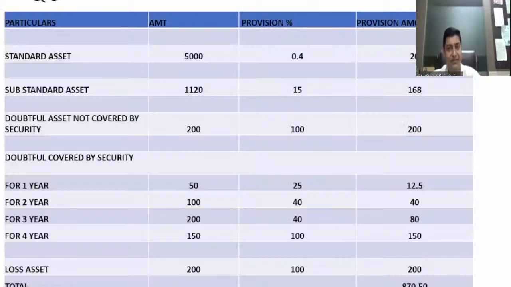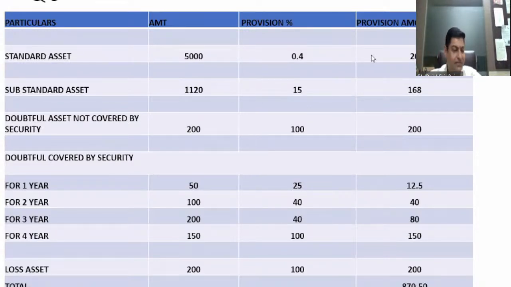Okay, guys, this is the final answer. Yes, perfect. 870.5. Perfect. Mahendra, it should be 870.5 here. How is it 1050.5? So check your answer with this.